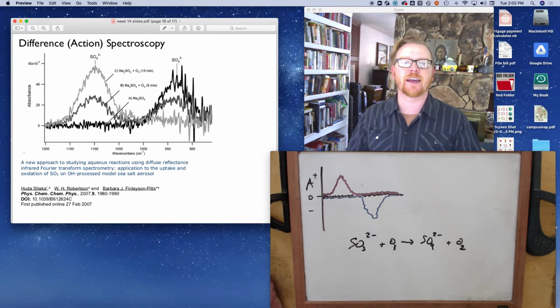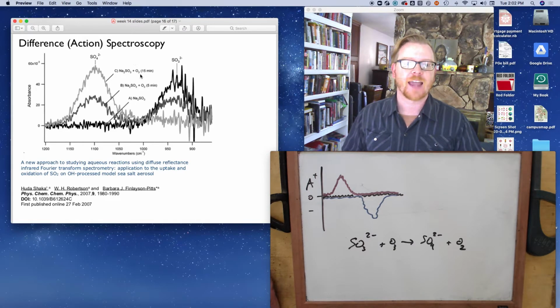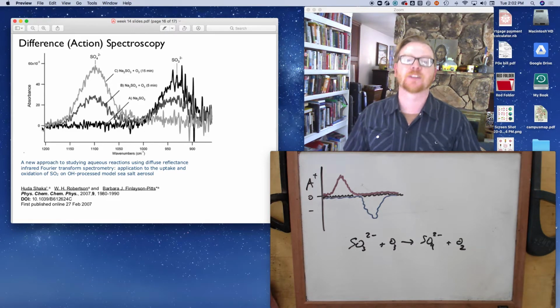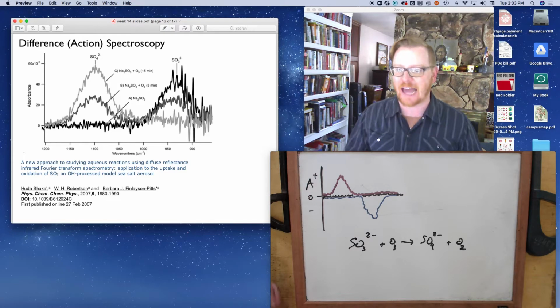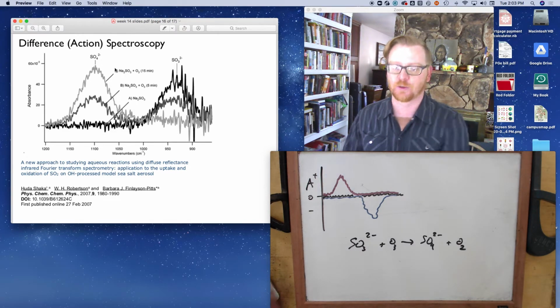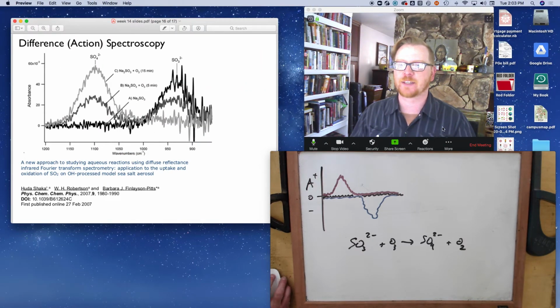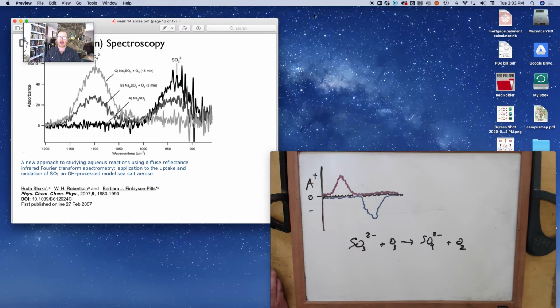So at this 5-minute interval, you've still got some sulfite and some sulfate present. And then now after 15 minutes, all of the sulfite has been converted over to sulfate. And so this is really cool. So you can now do kinetics on reactant decay and product evolution at the same time, which is really, really cool.